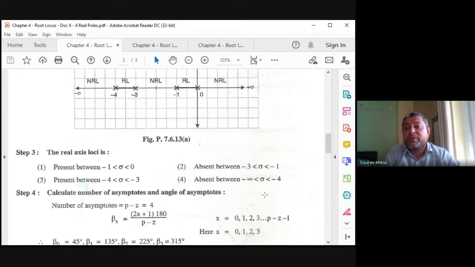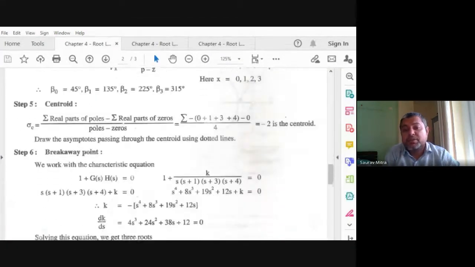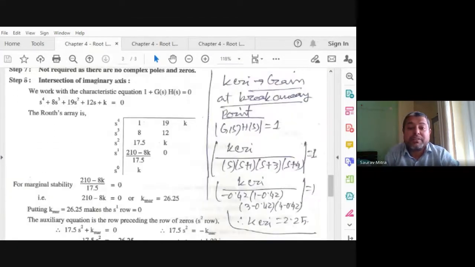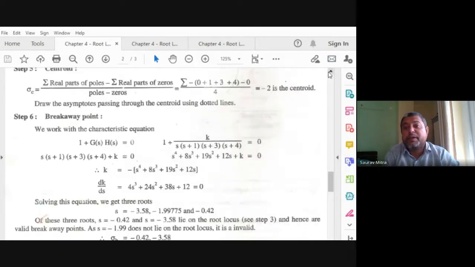So this line you have to write very clearly, and each of these lines carries marks. Whatever your consideration, whatever your understanding, you have to show during the exam that you are doing it with proper understanding. We have to say that three breakaway points have been calculated from the equation of dk/ds, and two of them are valid, one of them is invalid. How to say valid?